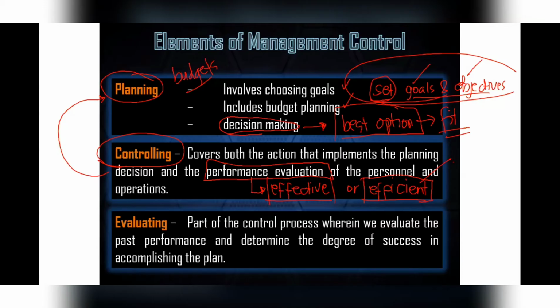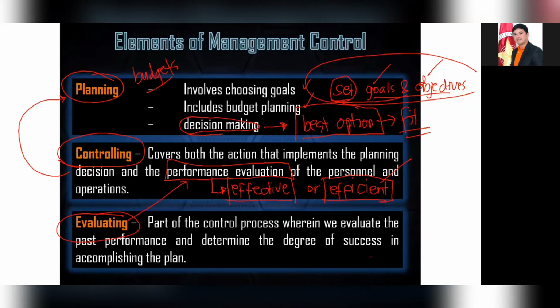Pag na-maximize, ibig sabihin, ang pinaka-evident na result niyan ay mas mababa yung cost without sacrificing the quality of our products and services. Ayan. And evaluating, yun po ay nakaangkla sa controlling. Ibig sabihin, that is part of the control process wherein we evaluate the past performance and determine the degree of success in accomplishing the plan.